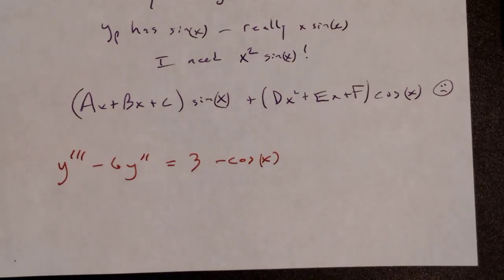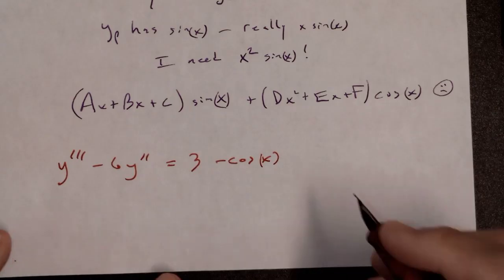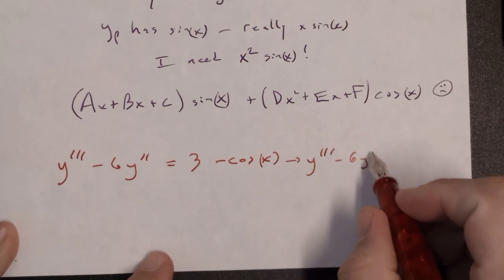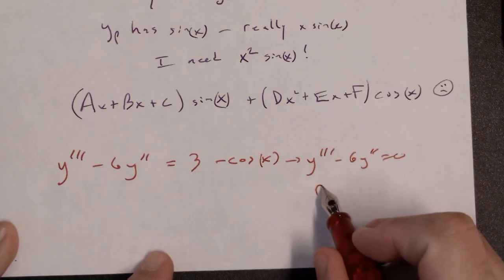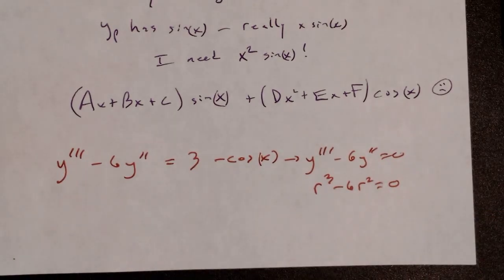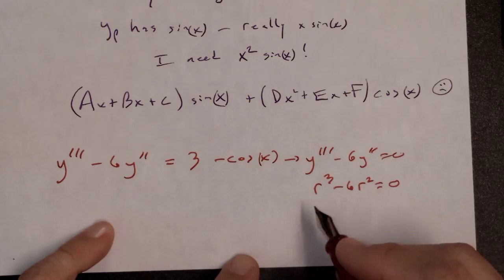So the corresponding homogeneous equation is going to get an auxiliary equation. Y triple prime minus 6y double prime equals 0 becomes r cubed minus 6r squared equals 0. Which gives me... oh, wait a second.